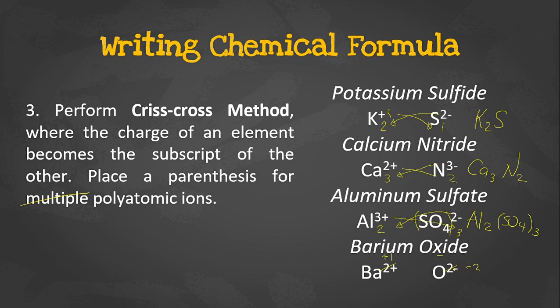Mali ba yung sinulat sa sinabi? So, negative 1. So, pag cross natin sila ngayon, okay, it's barium 1 and oxygen 1. And dahil 1 nga yan, hindi na natin sila kailangan isulat pa. So, therefore, the chemical formula for barium oxide is BaO. Okay, kasi again, the lowest term na natin yung kanilang mga charges.